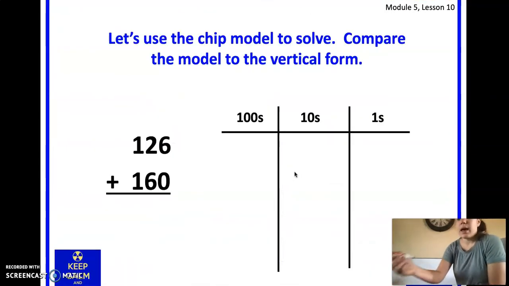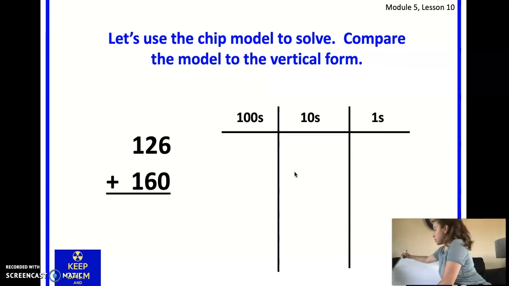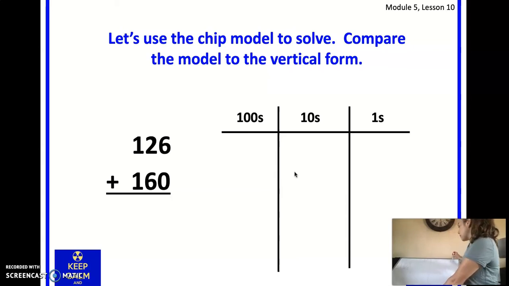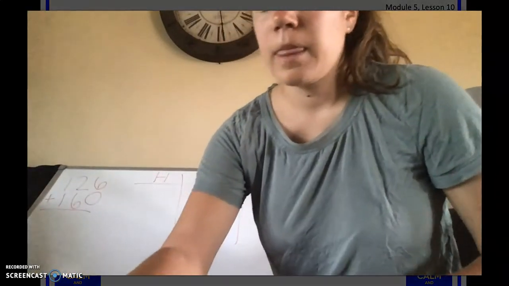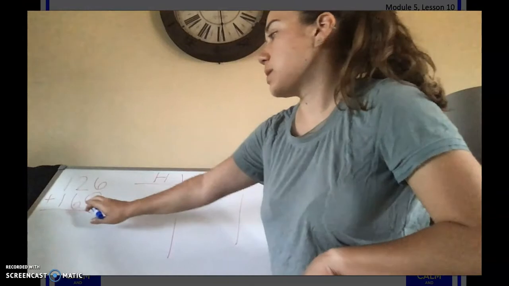Alright, so we have our problem, which is 126 plus 160. And we're going to use our place value chart with 100s, 10s, and 1s columns to help us solve it. So I have 126 plus 160.